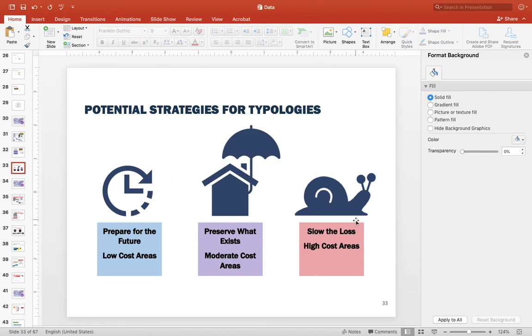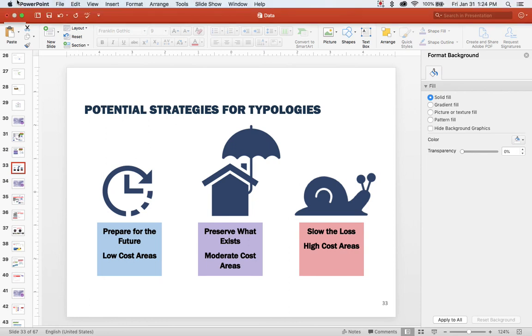So you might think about strategies that can help people stay there, even a little bit of help for homeowners, like a low-cost loan to fix their roof or things like that, so they can stay there as opposed to being cost burdened. So the idea is how we can intervene in all these different markets.